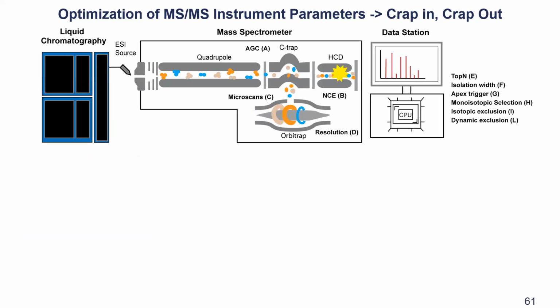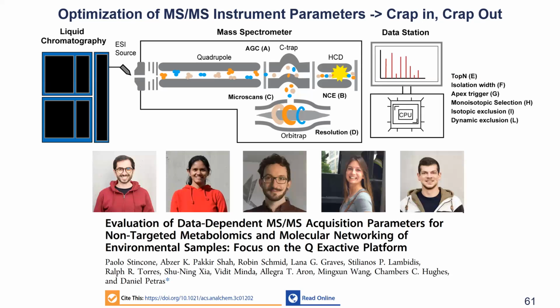And in that context, we performed a little study, mainly here Paolo, Abzer, and a couple of other people, where we systematically optimized these settings for a few examples. I just want to briefly mention our opinion on the most critical ones. If you happen to have an Orbitrap, they might be useful for you, but also if you have other instruments, I think some of those settings are perfectly relevant.